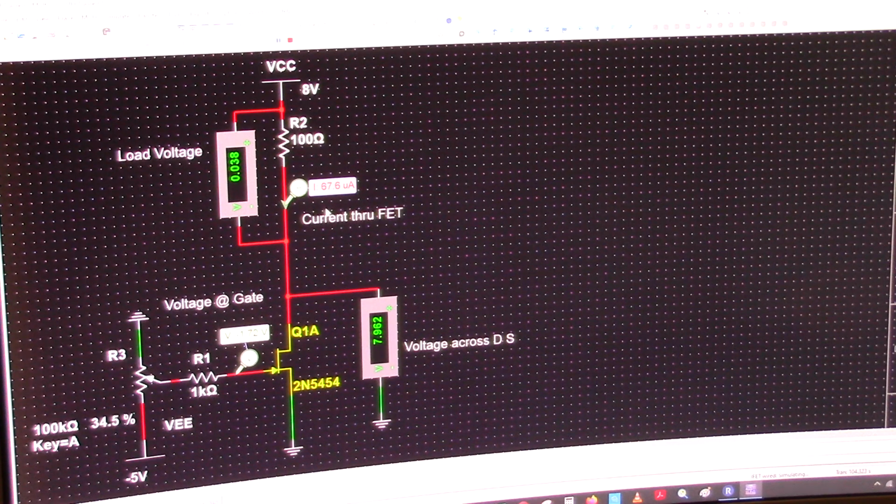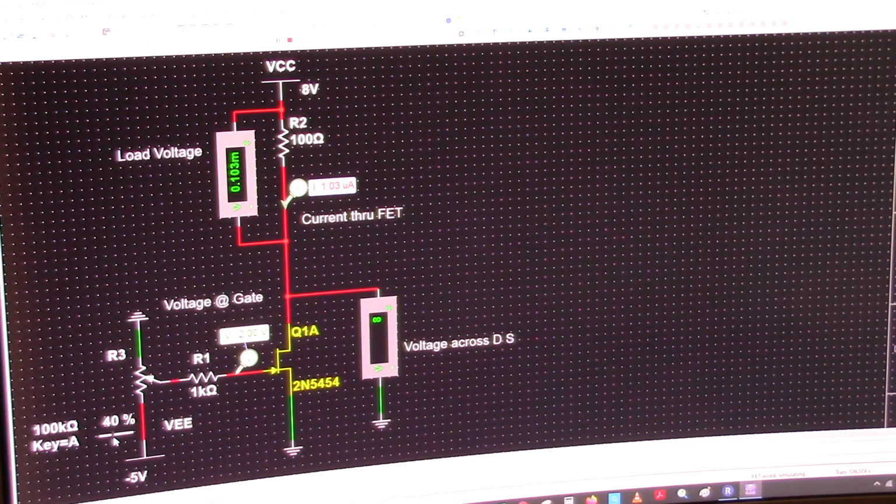Go up to about negative 2 volts. At negative 2 volts, I have 1 microamp. So that's about half of the potentiometer, right?